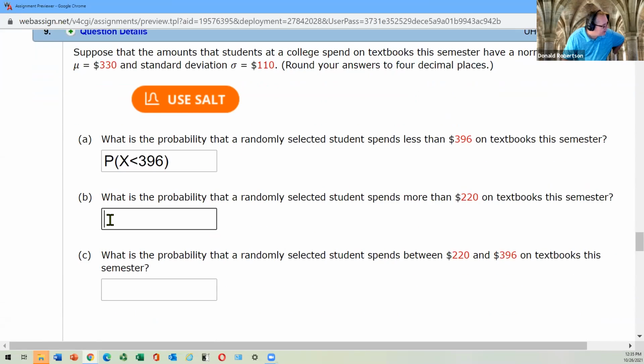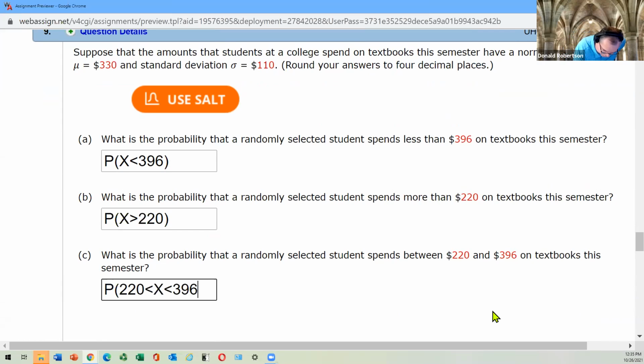More than 220. Would you agree that X greater than 220 is how that would look if you did it more algebraically? And the funny one is the between one, and that would be 220 less than X less than 396. That's mathematically how you write down between.